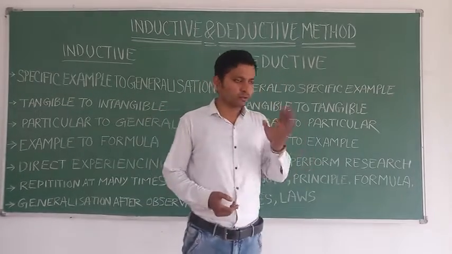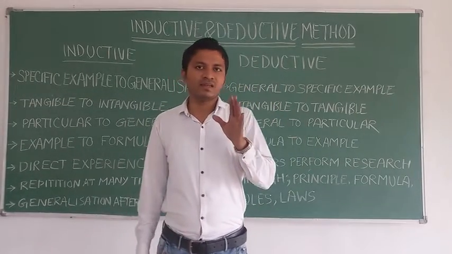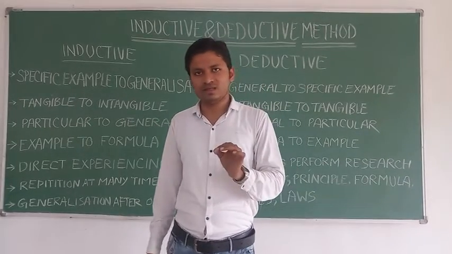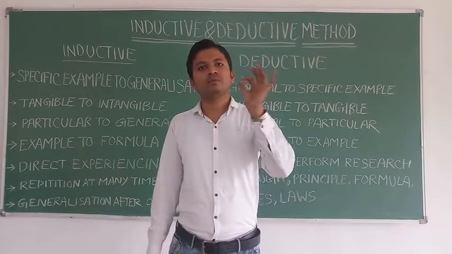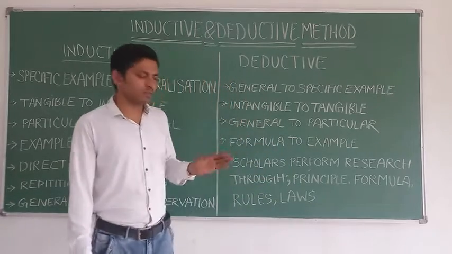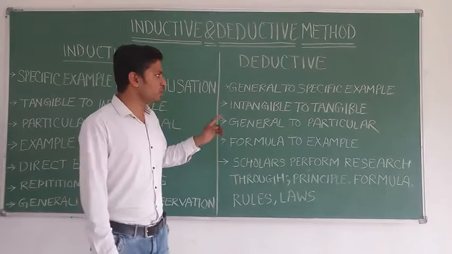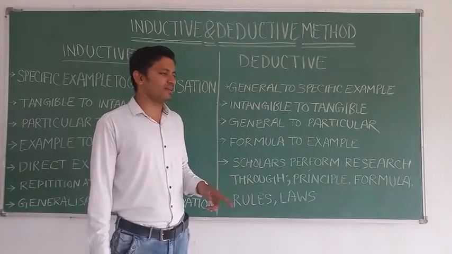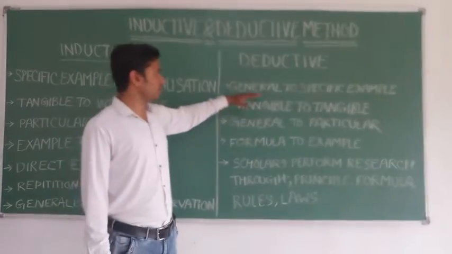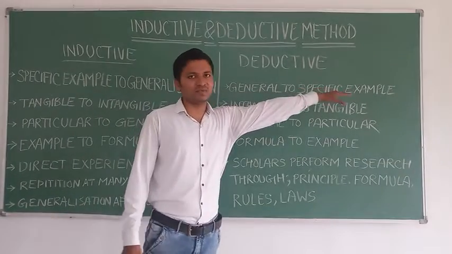He goes to test and experiment with the established rules or principles or theories and performs the social research. So in the deductive method we can say the researcher goes from the generalized theory to a specific example.